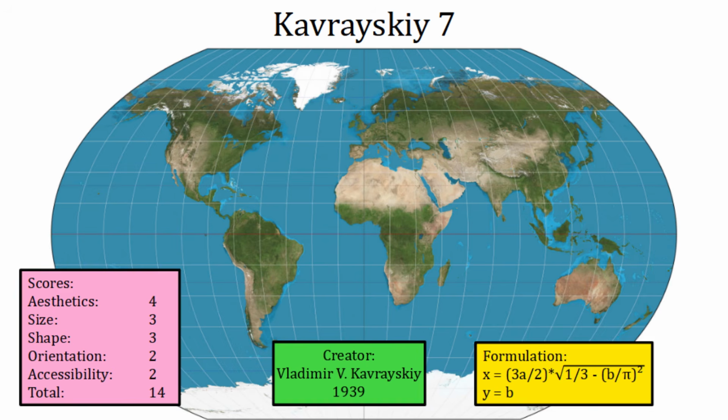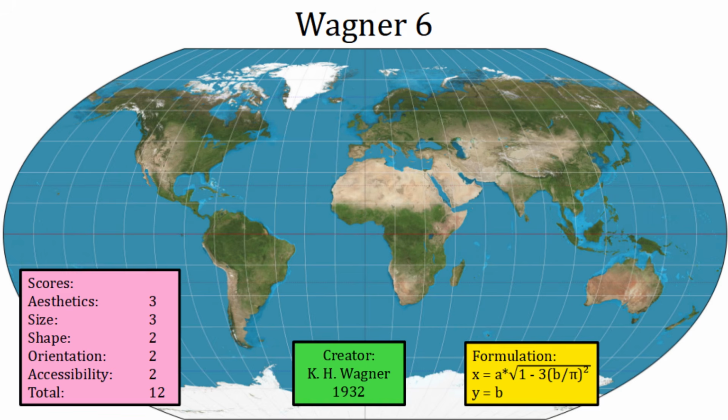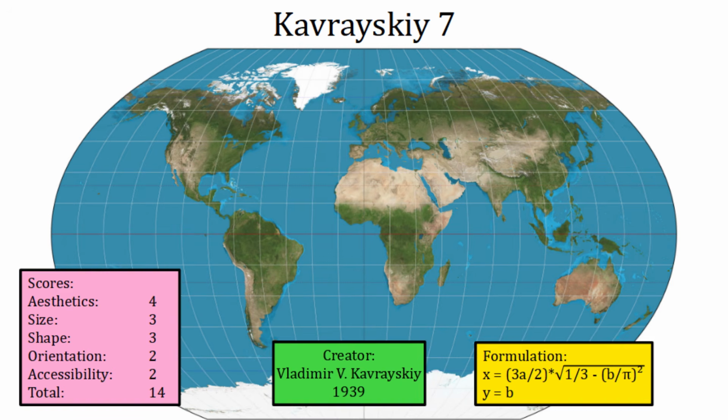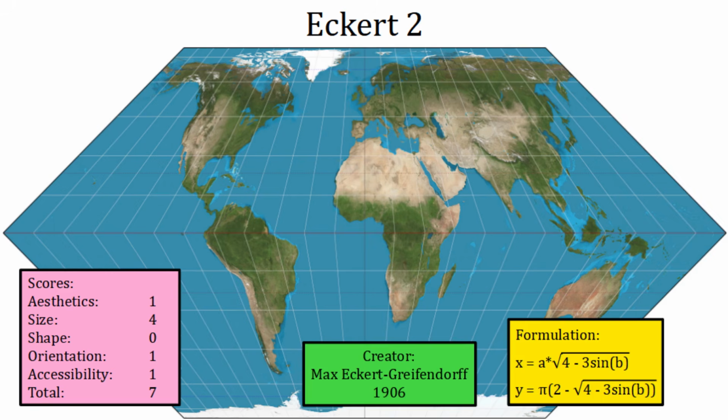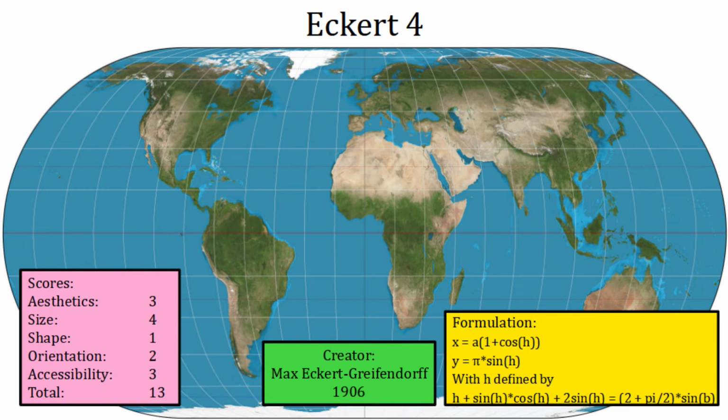The Kavrayskiy 7 and Wagner 6 are basically the same thing, but with different aspect ratios. The Wagner 6 came first, but I think the Kavrayskiy 7 looks slightly better. The Eckert 2 turns the world into a hexagon, while being equal area. The Eckert 4 is also equal area, but it has more of a rounded look.